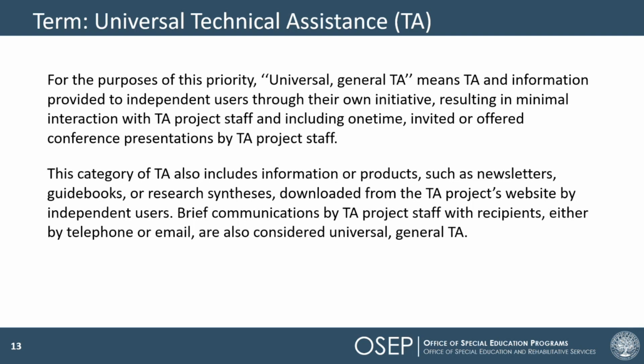This category of TA also includes information or products such as newsletters, guidebooks, or research syntheses downloaded from the TA project's website by independent users. Brief communications by TA project staff with recipients, either by telephone or email, are also considered Universal General TA.